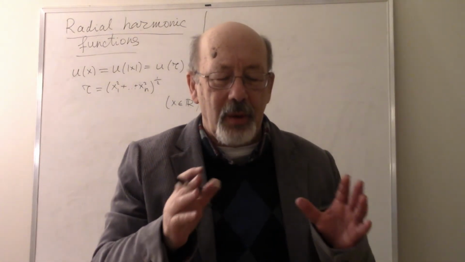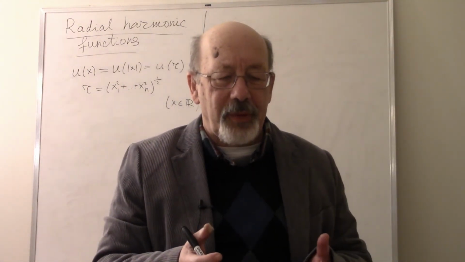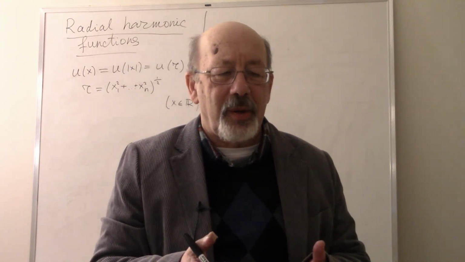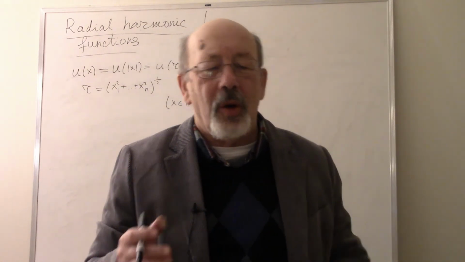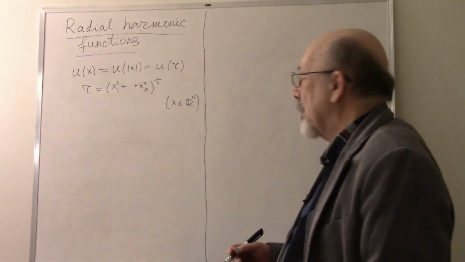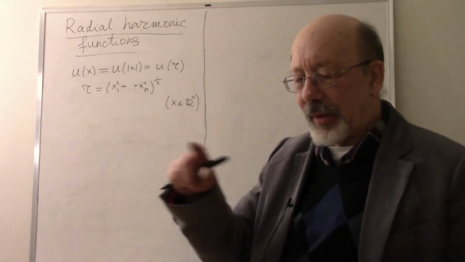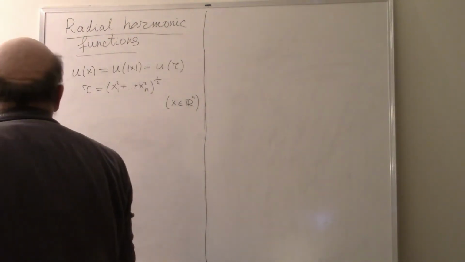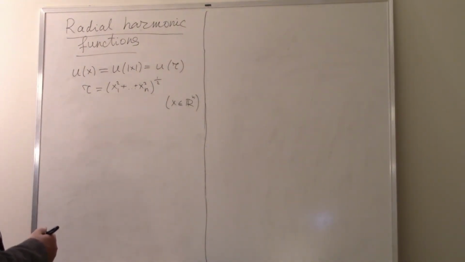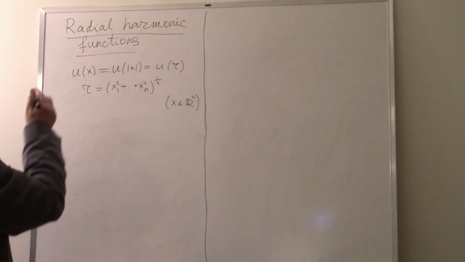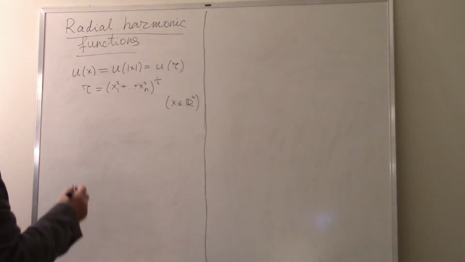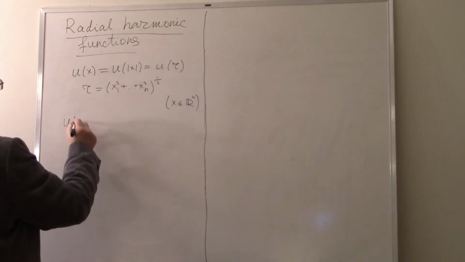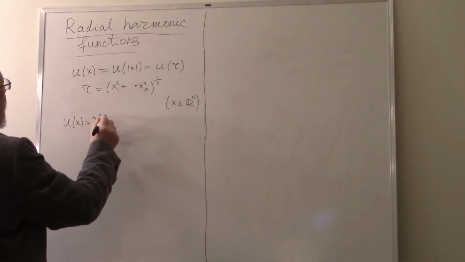So these are functions which depend only on the distance from the origin. So the level surface is a sphere, or if n equals 2, the level surface is a circle for any radius. And so, if it is a radial function, then it has the following form: u of x equals, say, v of r.